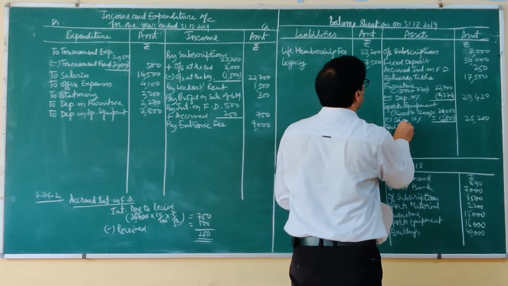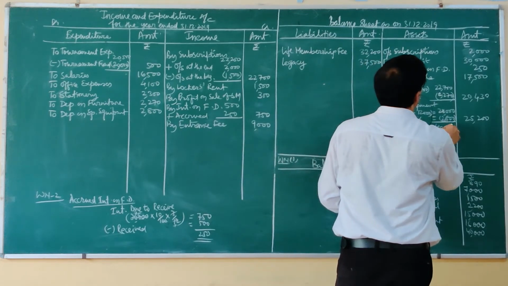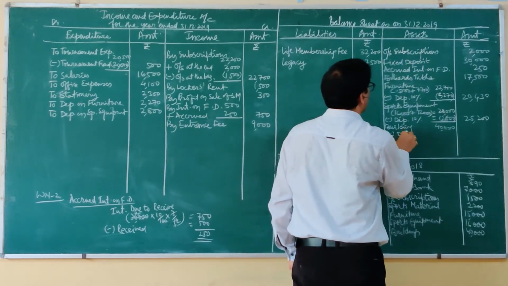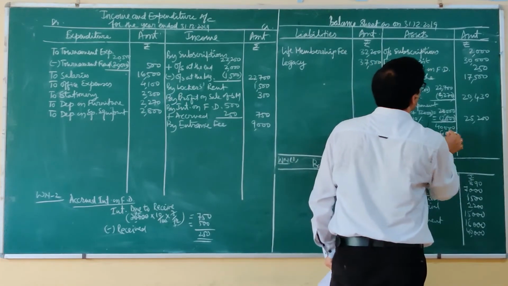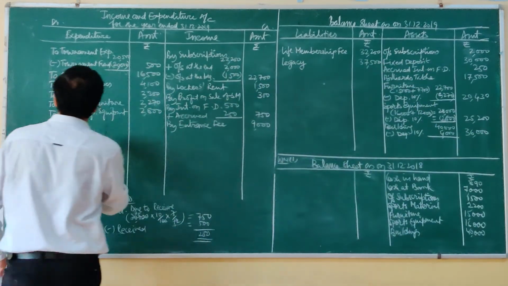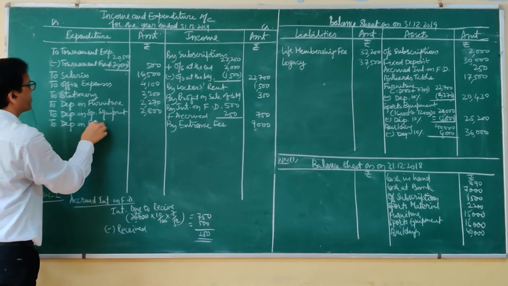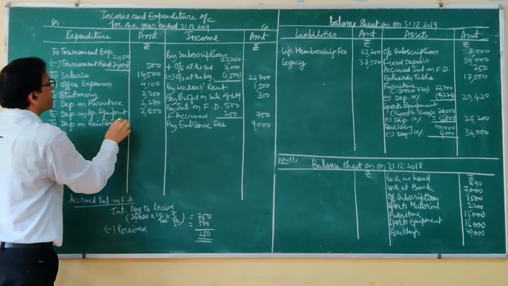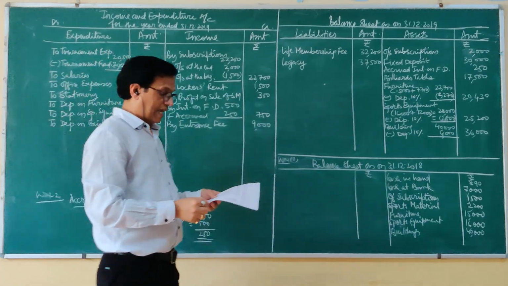Building is 40,000 minus depreciation 10%, 4,000, so it is 36,000. This depreciation we take here, depreciation on building, 4,000.